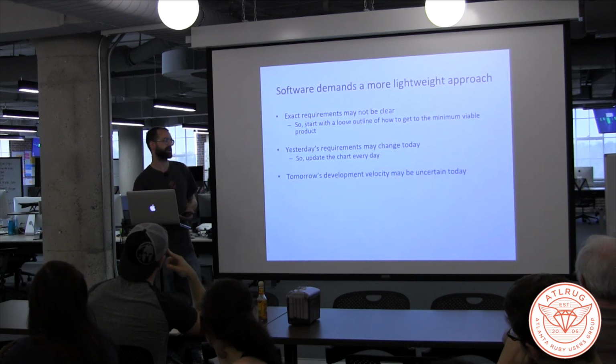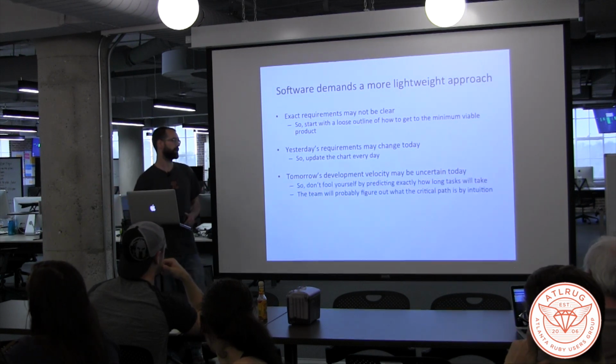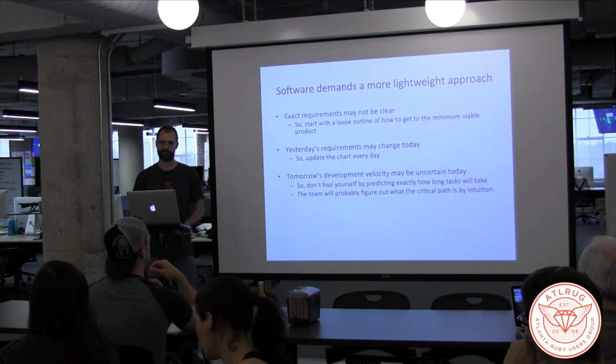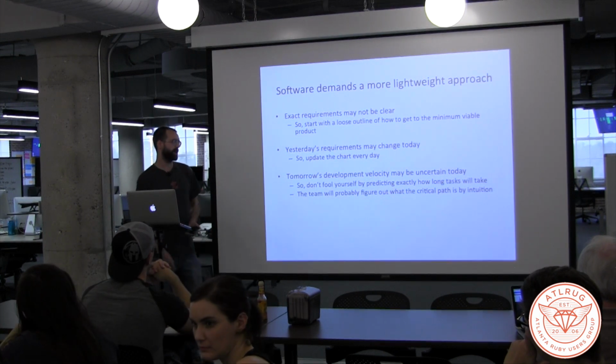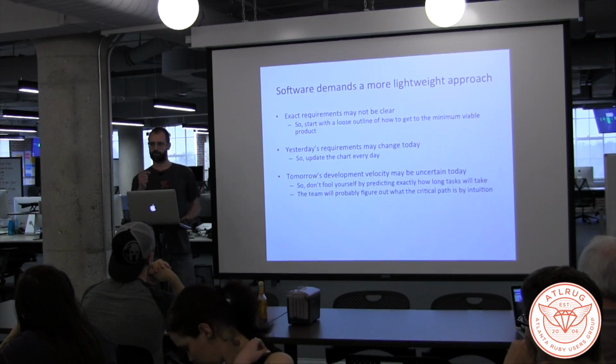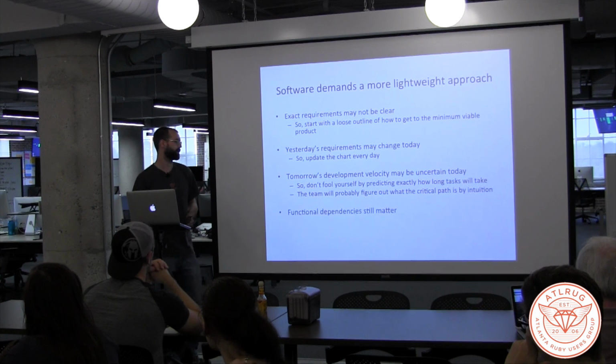Another issue is that it is hard for us to predict exactly how fast we're going to move along things in the future. So we could just not lie to ourselves about being able to exactly predict how fast things are going to move. And if there is some sort of critical path that's the crucial thing to be working on first, that will probably just come up in discussions with the team, so we don't have to formalize that.